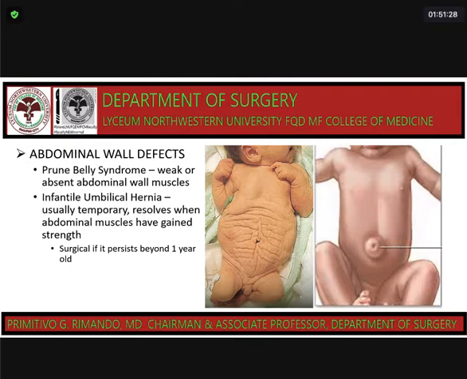When the baby is already walking and the umbilical hernia is still present, that's the only time we need to do surgery. If the baby comes in at 6 months or 8 months, we don't advise surgery at that time. We tell the parents, let's wait for your baby to start walking, and if it's still there after, then that's the time we do surgery.